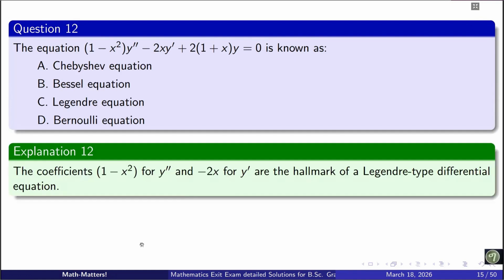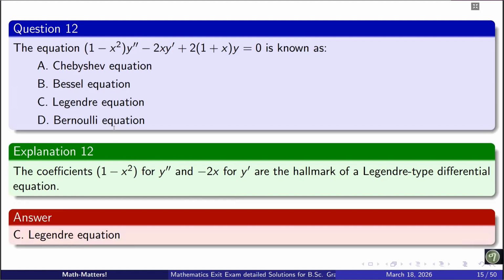The coefficient 1 minus x squared for y second derivative and minus 2x for y derivative are the hallmark of the Legendre type differential equation. Therefore, this is a Legendre type differential equation, and the answer for this one could be C.